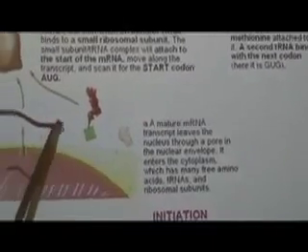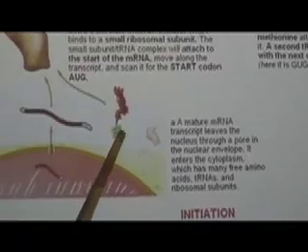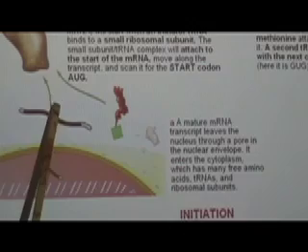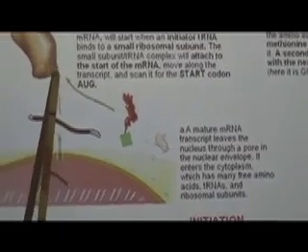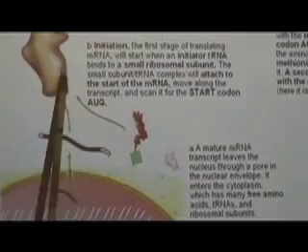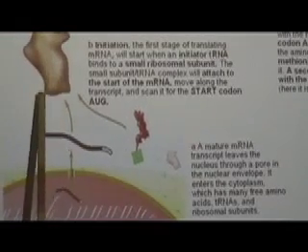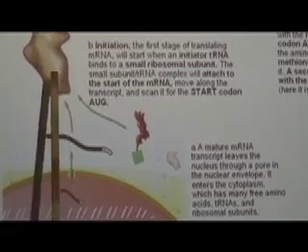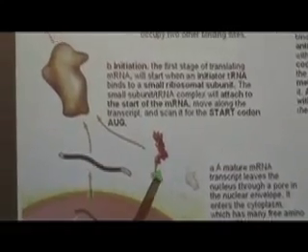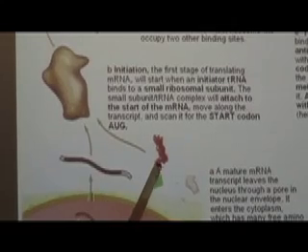Here we have our messenger RNA. Here's the transfer RNA, which contains the amino acid. And the first stage is the tRNA binds to the small ribosomal subunit, and then the mRNA comes along and it finds the sequence that is going to match up with this amino acid.